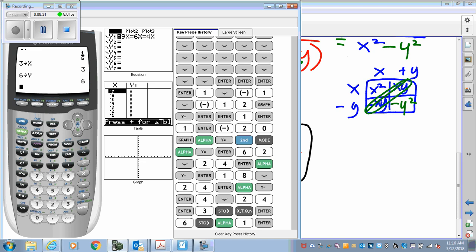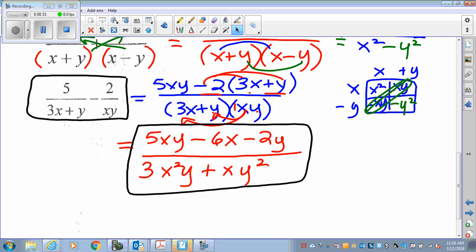Okay, so let me find what I've got. I'm just looking at my paper so I don't have to keep going back and forth.